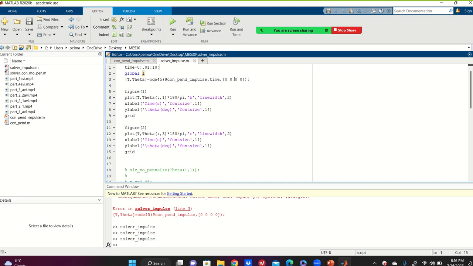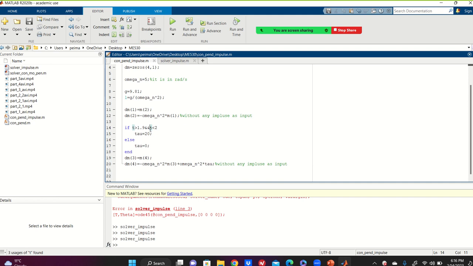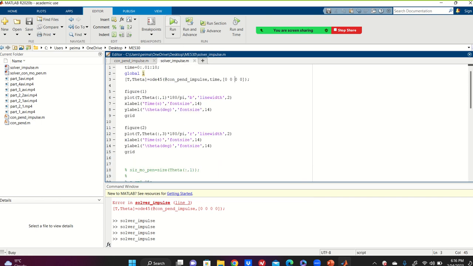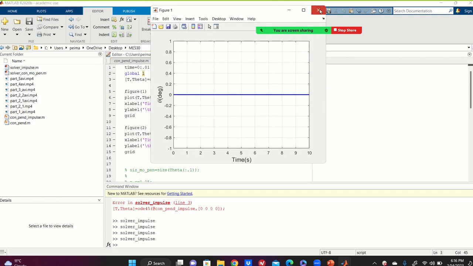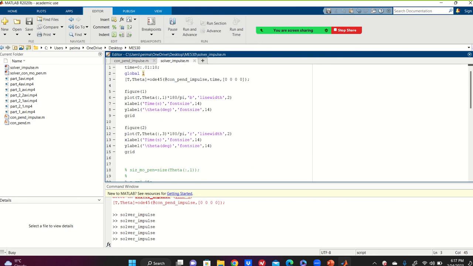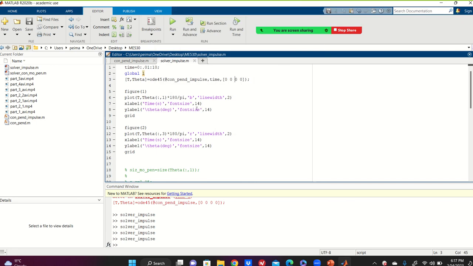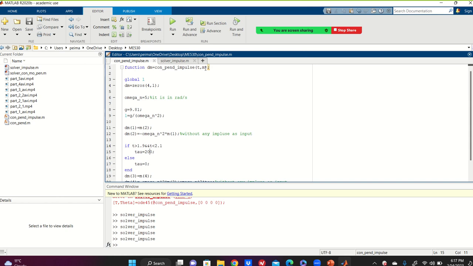This is M3. Just make it big. Oh, it must show. Compend impulse. Here is this 4-on-1.